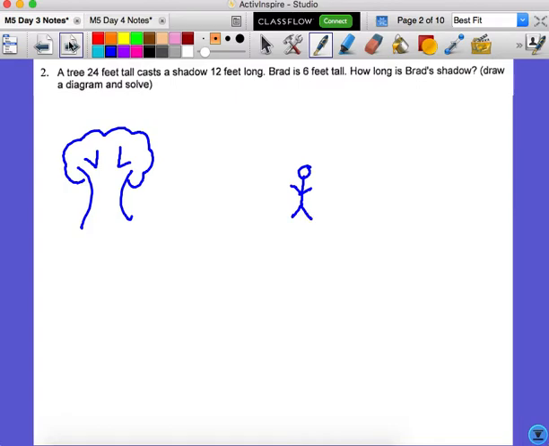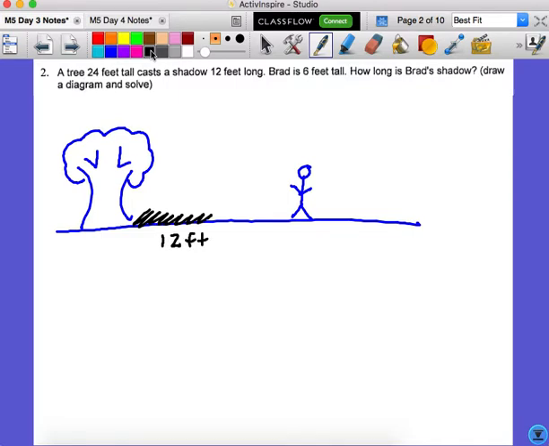We've got them standing on the ground at the same time of day, and the shadow of the tree is 12 feet long, and the tree itself is 24 feet tall, whereas Brad is 6 feet tall, and we want to know how long his shadow is.